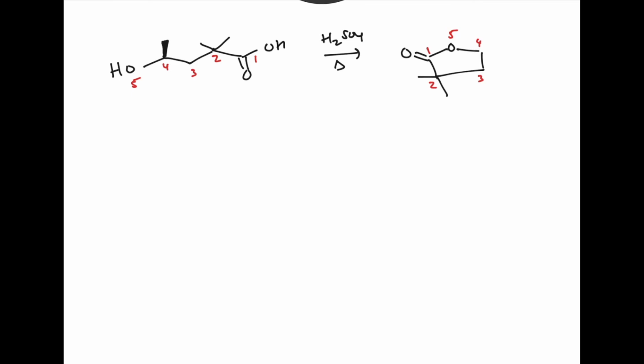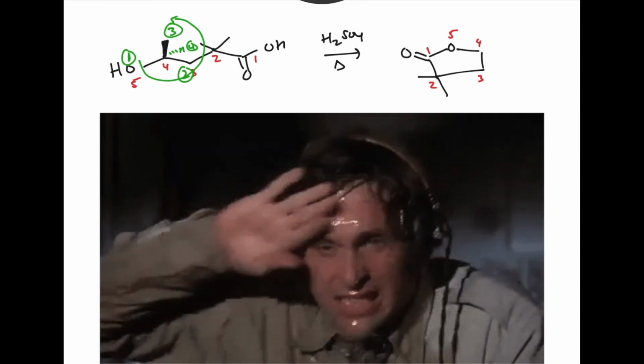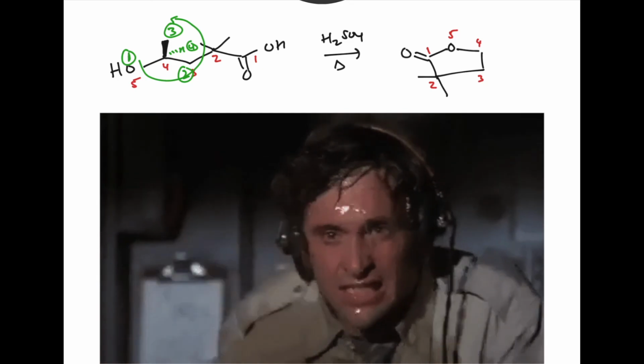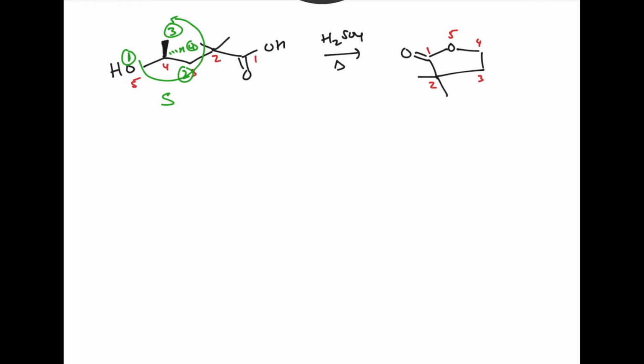So we need to make sure that our stereochemistry matches in our product because we're not doing anything to that carbon-oxygen bond, so that stereocenter should stay the same. So 1, 2, 3, hydrogen makes 4. Is that R or S? No pressure. Just all of Organic One's writing on this. This is S. So we need to make sure that when we put our methyl group in our product that it's also S. So that should just be S, right?